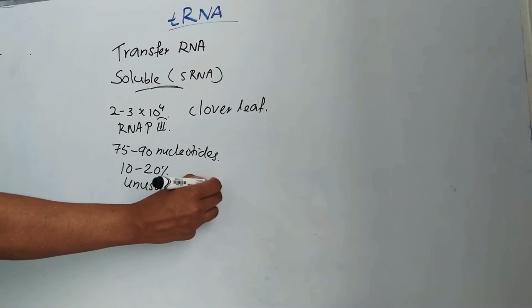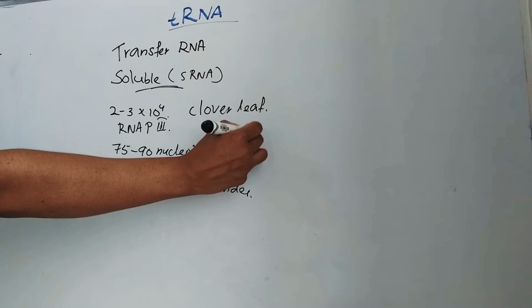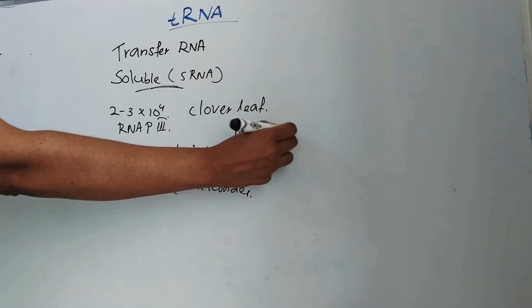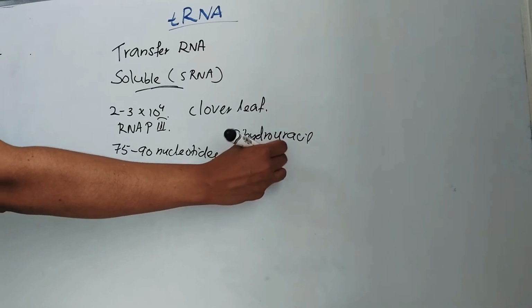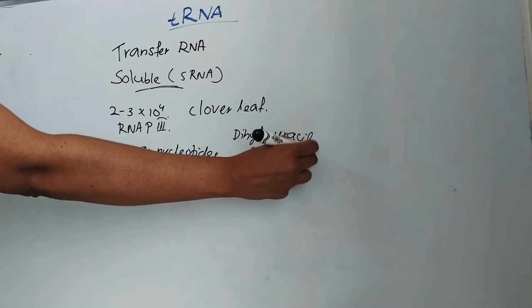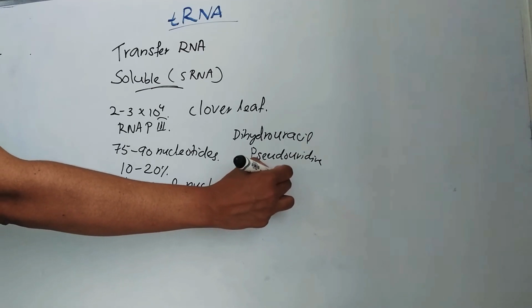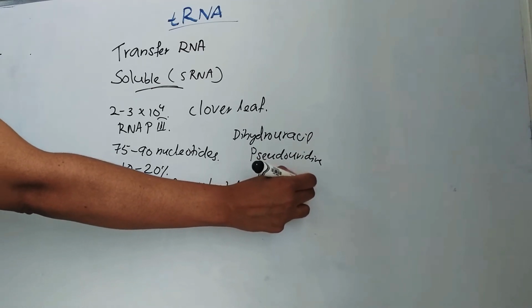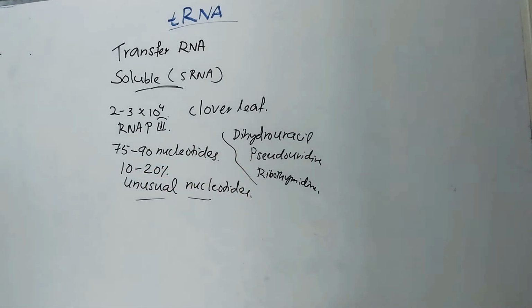For example, dihydrouracil, pseudouridine, ribothymidine, etc. These are the unusual nucleotides in tRNA.